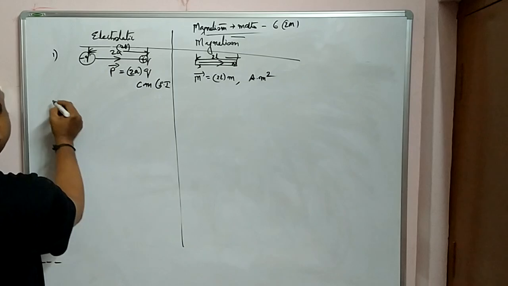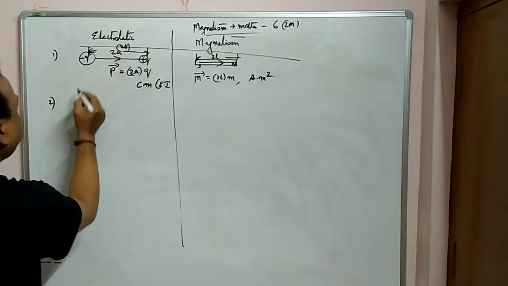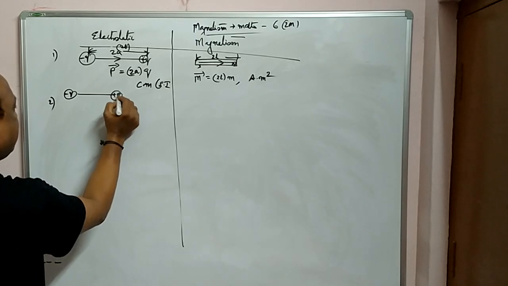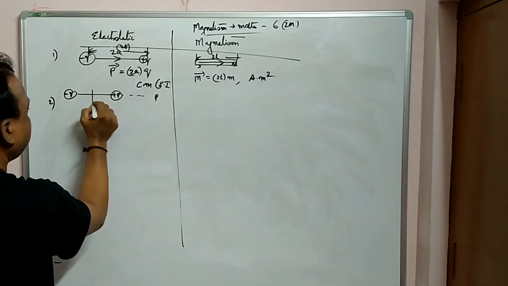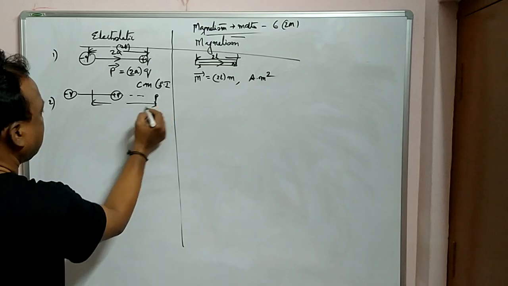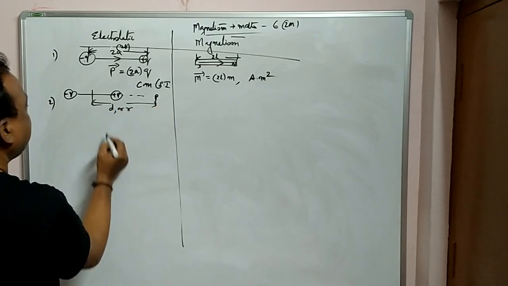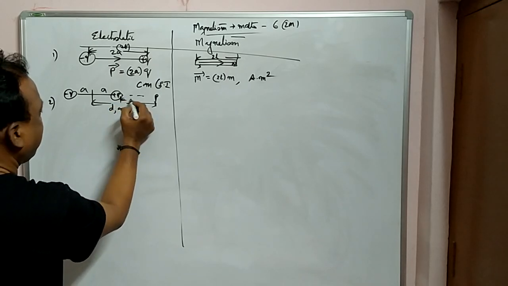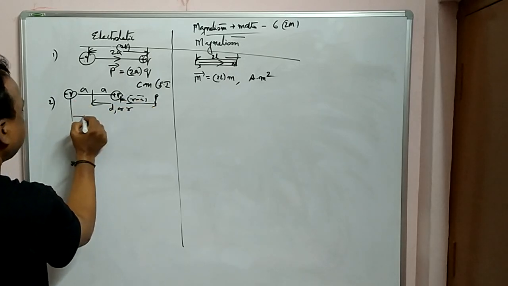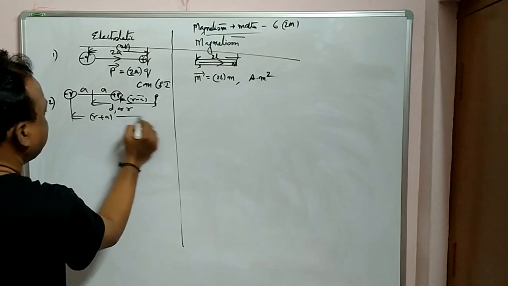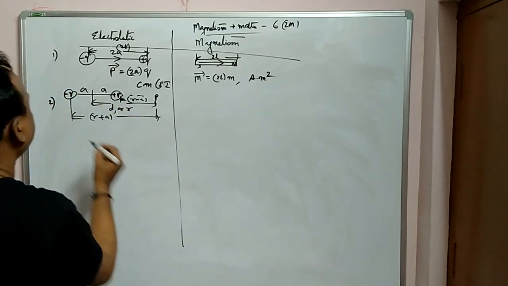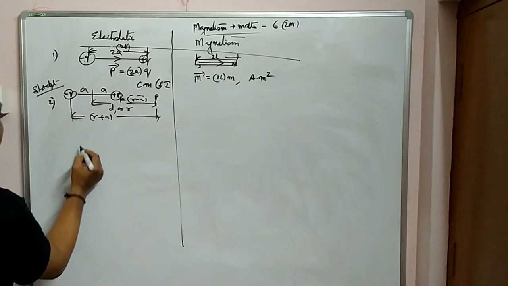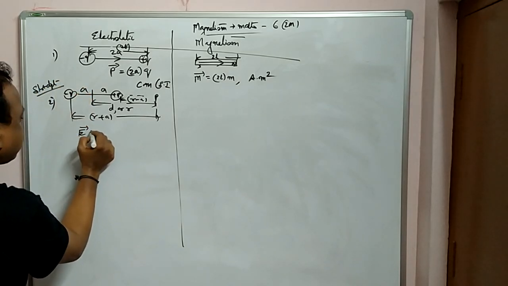Now the second one, there you have already learned the axial line. At a point P, at distance D or R, this will be A, and this point will be R minus A, and this is R plus A. So in this case, for a short dipole on the axial line, what have you learned? The electric field intensity is given by what?